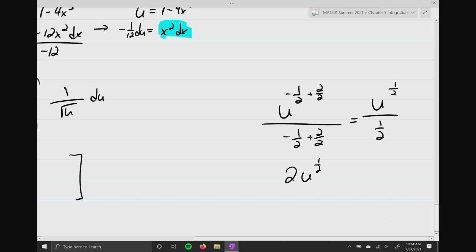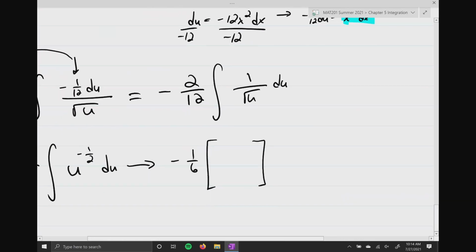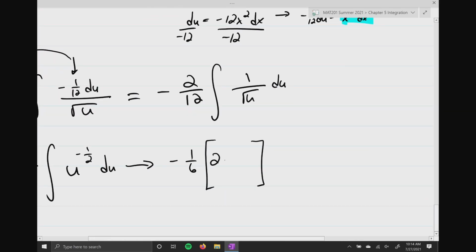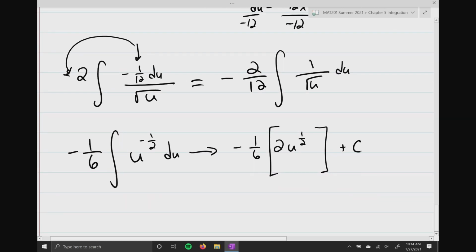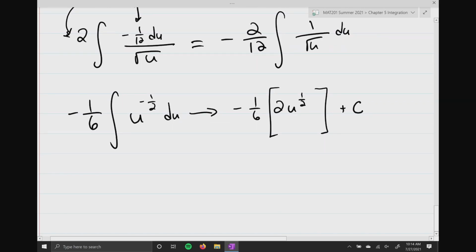So I'm going to take this and write it over into my answer. I'm going to scroll back over to the left. So I get 2u to the 1/2 plus a constant. Now let's simplify a little bit more before we make our substitution. Negative 1/6 times 2 is going to be negative 1/3 u to the 1/2 plus c.